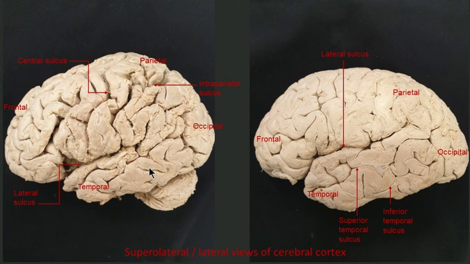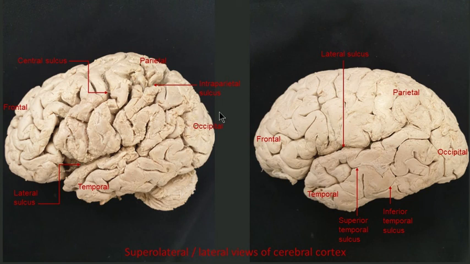But there is no inferior temporal sulcus. There is a superior temporal sulcus, and there is a middle temporal sulcus, and consequently, we've got a superior temporal gyrus, a middle temporal gyrus, and an inferior temporal gyrus, which then continues onto the inferior surface of the cerebral hemisphere. And we'll talk about that in some later video podcast.